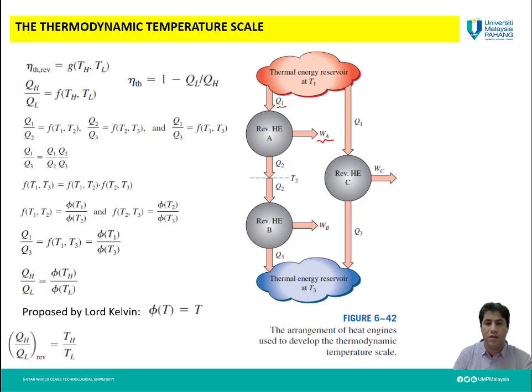And the heat engine B also will produce WB amount of work and will release Q3 amount of thermal energy to the heat sink, whose temperature is T3.